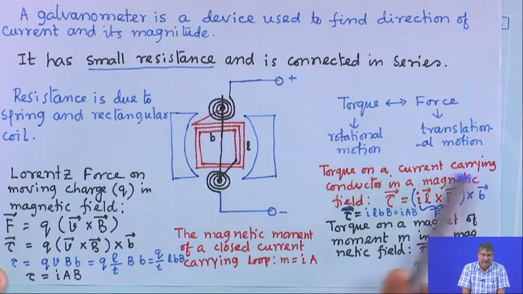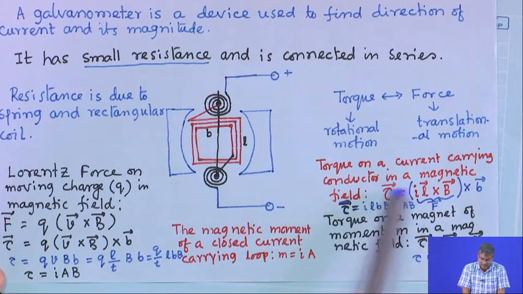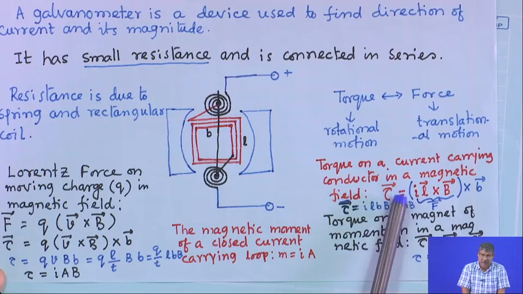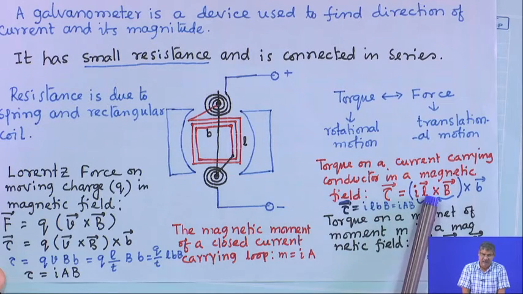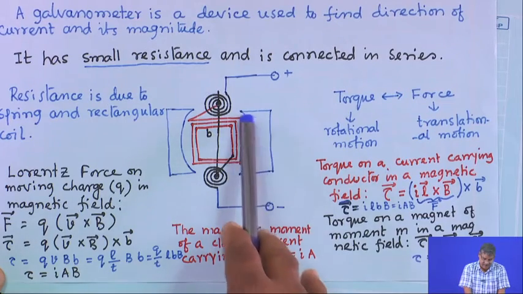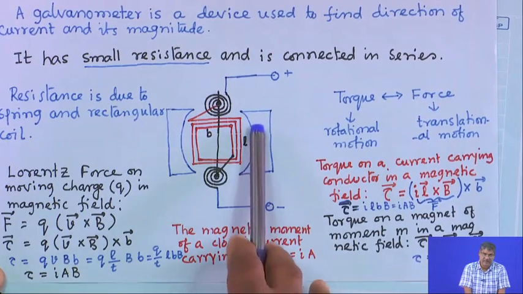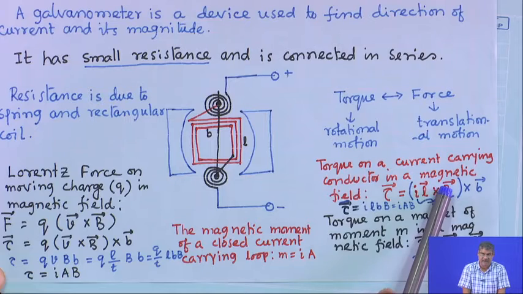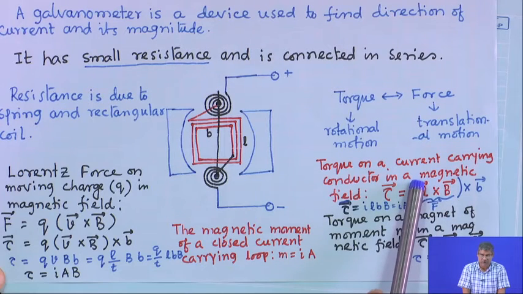Torque on a current carrying conductor in a magnetic field, that you know, basically the force is I dl cross B, where I dl is the current carrying element and B is the magnetic field.